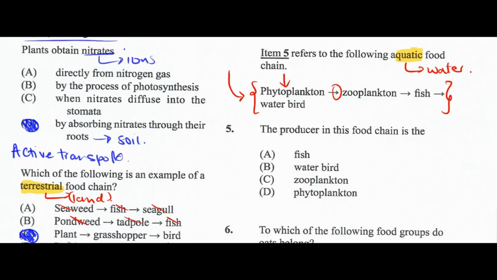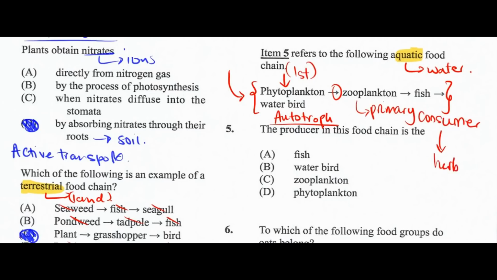So the producer in this food chain is the first organism. In a food chain, the producer is always the autotroph, the one that has the ability to produce its own food, and it's usually the first member of the food chain. The second member here would be the primary consumer, right? And usually a herbivore, right? So it only eats plant or plant material.